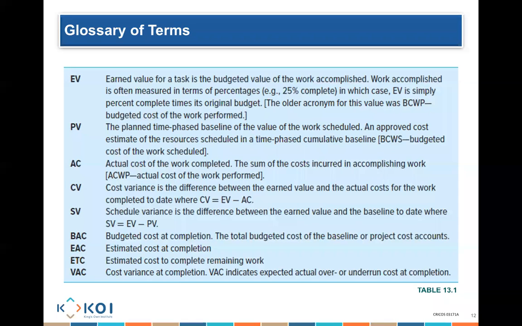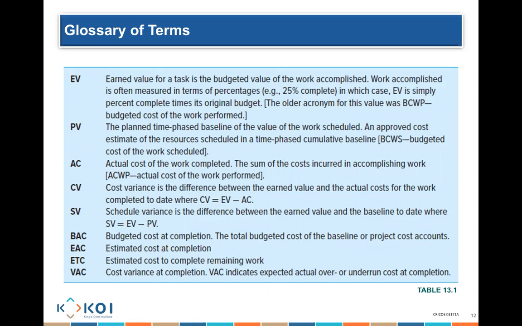But if you're planning to earn $400 and you only earn $250, then you are behind schedule. So when you compare your earned value to your planned value, this is really what it means. I am comparing my schedule. Am I ahead of schedule or am I behind schedule?